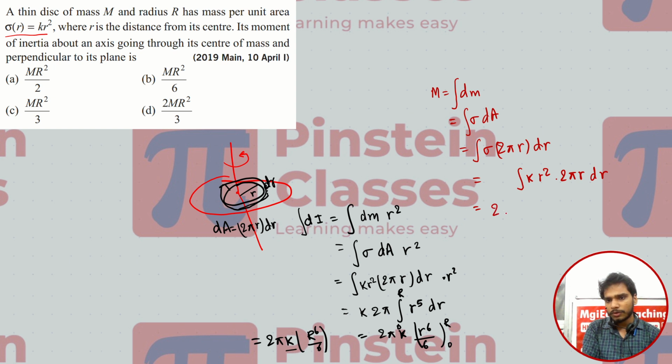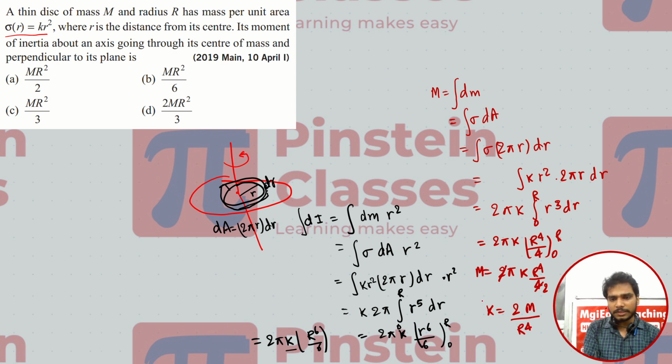So 2 pi k will be outside the integration, and it will be r cube times dr, from 0 to r. So 2 pi k r to the power 4 upon 4, and this is total mass m. 2 and 4 will cancel out, so k is nothing but 2m upon r to the power 4.